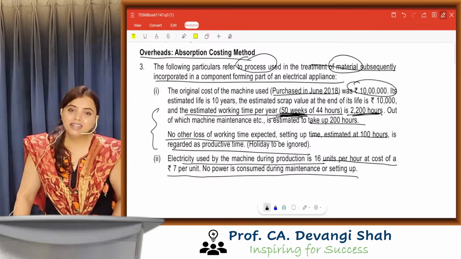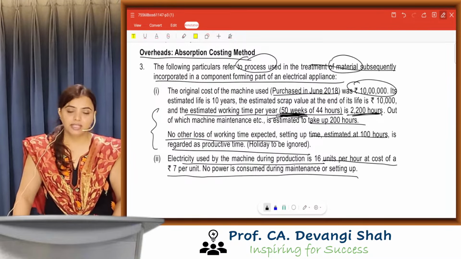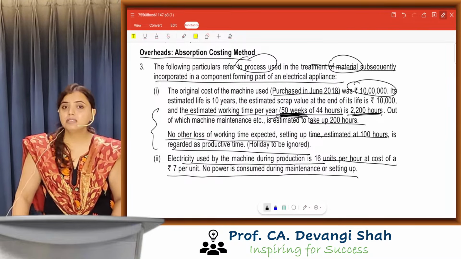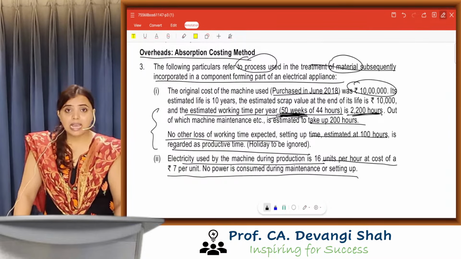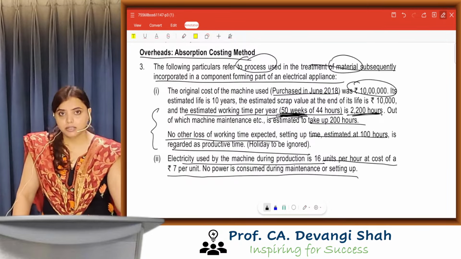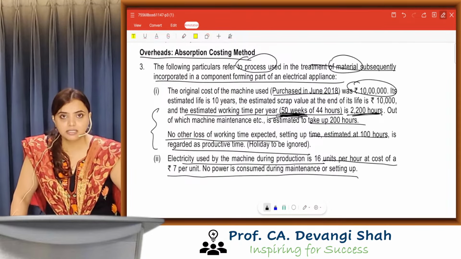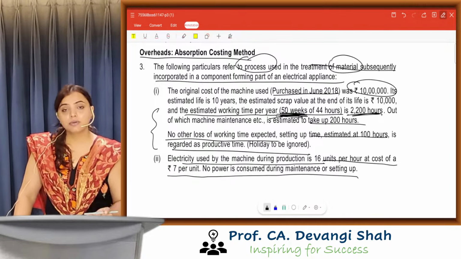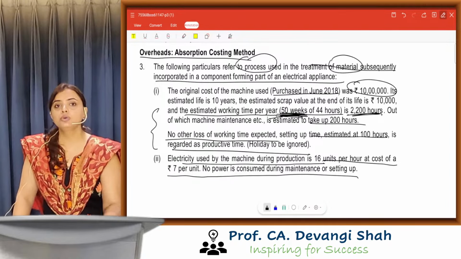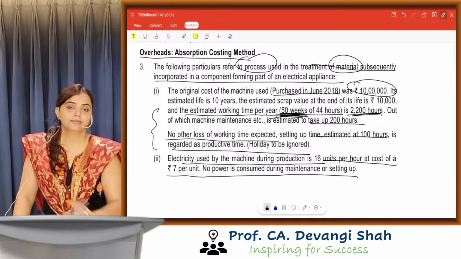Remember, maintenance is an unproductive thing. What is maintenance? Suppose you have a bike and you give the bike for servicing, repairs and maintenance. Can you use the bike? No. So these 200 hours are those maintenance hours when you are not using the machine.